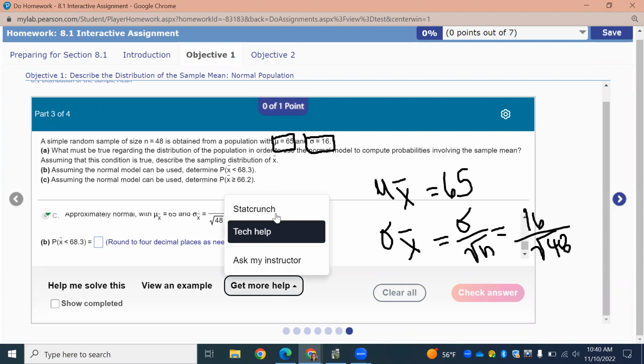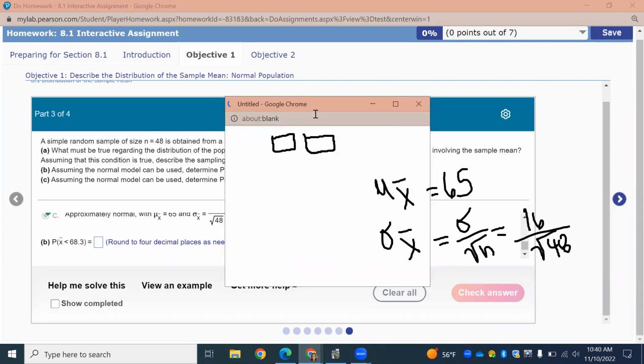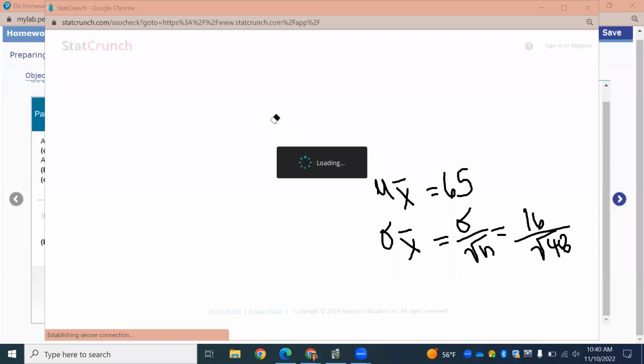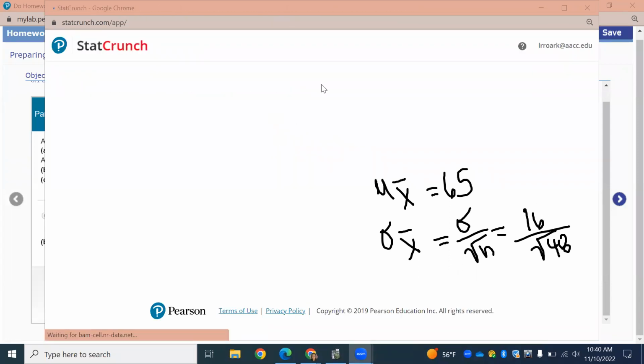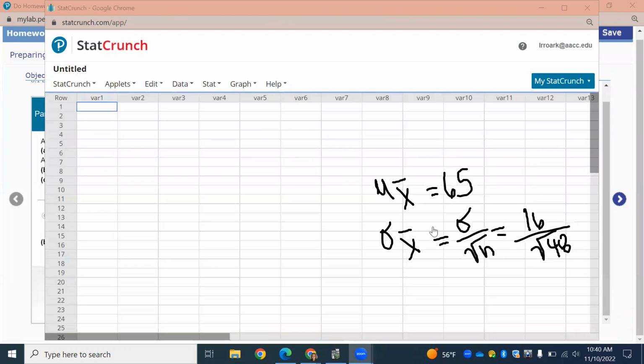We're going to do this the same way we've been doing them from chapter 7. The only difference is that instead of using the population mean and population standard deviation, we use the mean and the standard deviation for the sample.